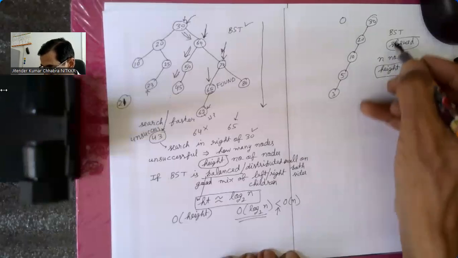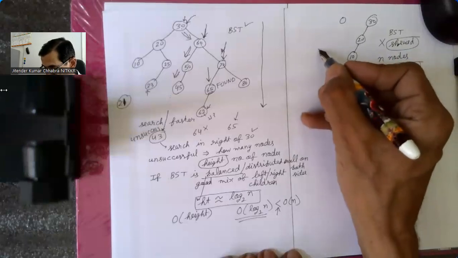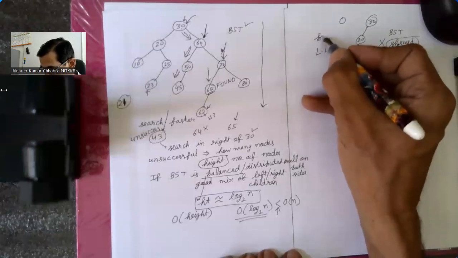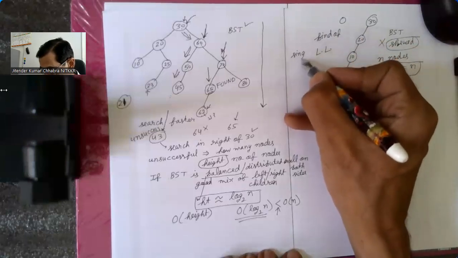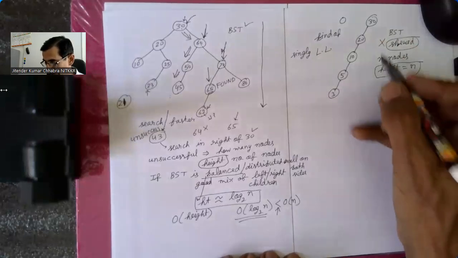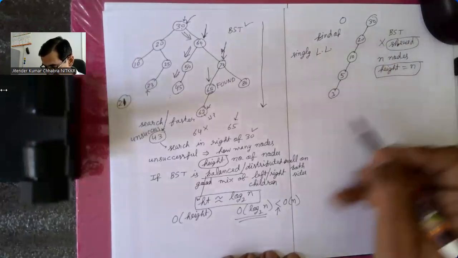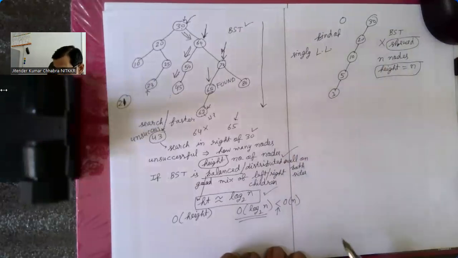This becomes an unbalanced tree and obviously not a good solution. This is effectively a kind of linked list, a singly linked list. And obviously the advantage of balanced height will be lost. So, of course, we will not prefer to have such a BST. If I have a balanced BST, I can save time in searching.